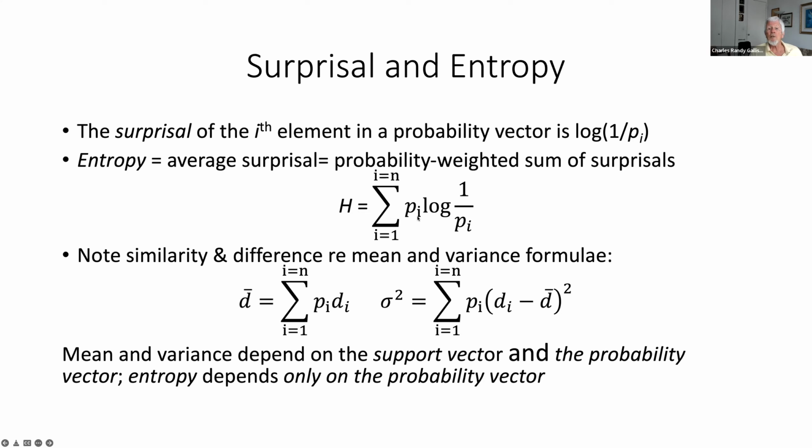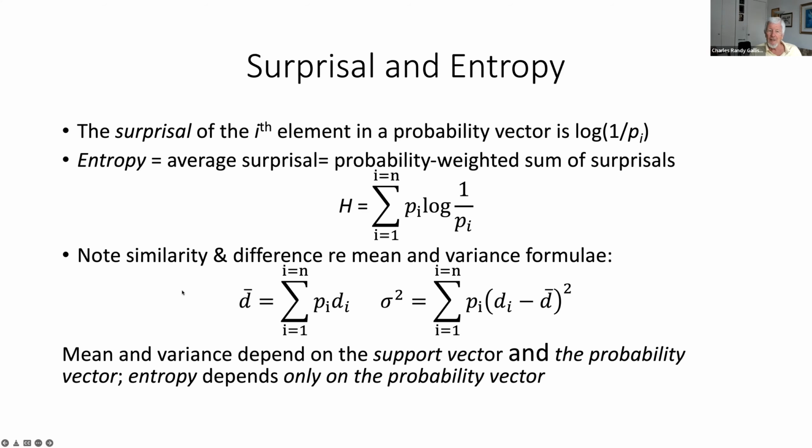So now we're working just with the probability vector of some distribution. We go through all the elements of that probability vector, and for each element, we compute the log of the reciprocal of that element, and we weight it by the probability itself, and we add them all up, and that's the entropy of the distribution, the average surprisal.